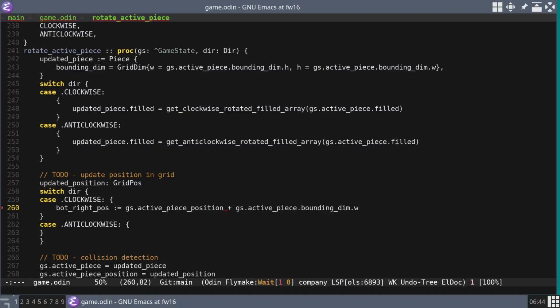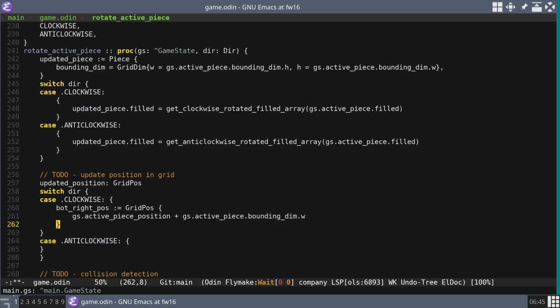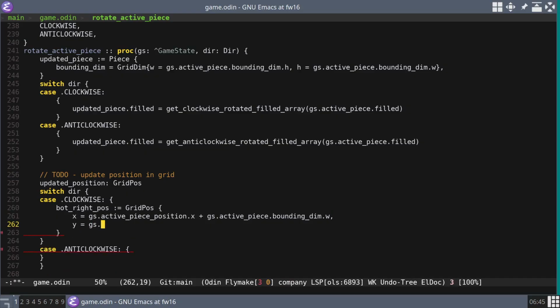I guess it's where the bottom right point is. I've got no way of adding positions, have I? So we're going to do this in the dumb and ugly way. So bottom right position will be x is active piece position dot x plus that, y is active piece position dot y. Right.